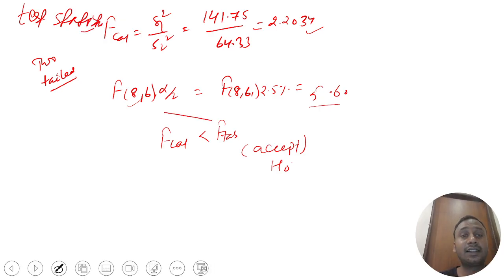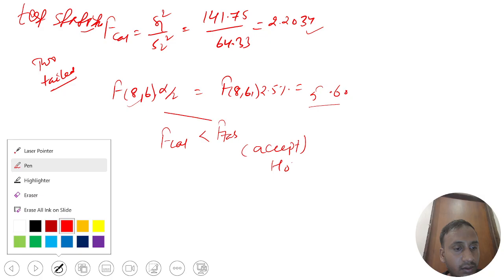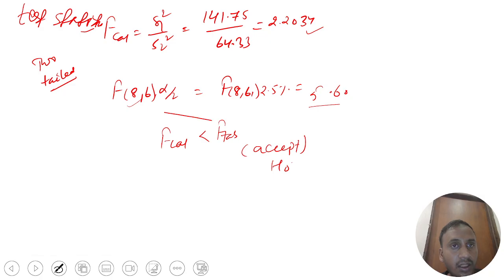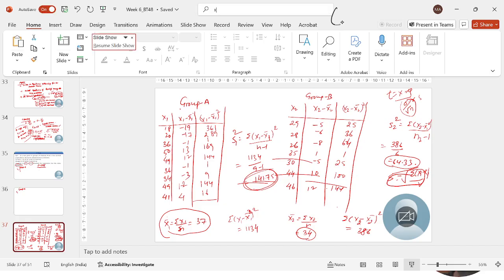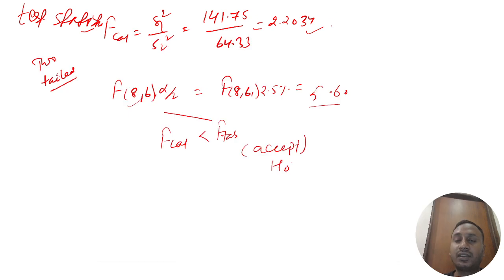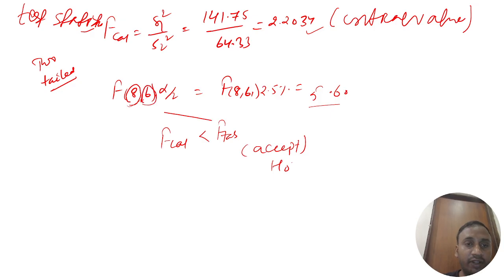So in the case of S1 square by S2 square, it was 141.75 by 64.33. So it came 2.22034. Okay, so this is your calculated value. Now, the first degree of freedom, second degree of freedom, and alpha by 2, two tail test.